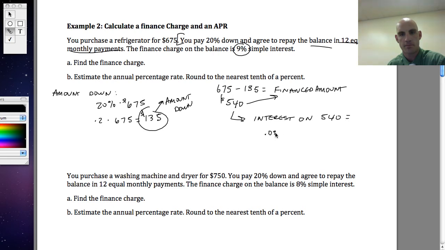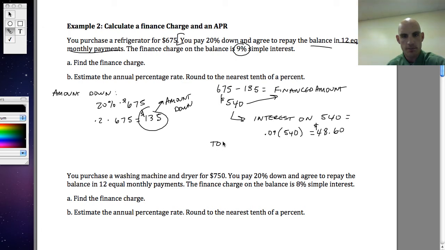So 0.09 times 540 is going to give me the amount of interest I'm going to pay. I don't have to pay interest on the part that I paid down because I gave them cash for that. They're not, in essence, loaning me that money. I'm paying them that money and financing what's left. So 9% of that 540 gives me $48.60. Over the life of this loan, I'm going to pay $48.60.